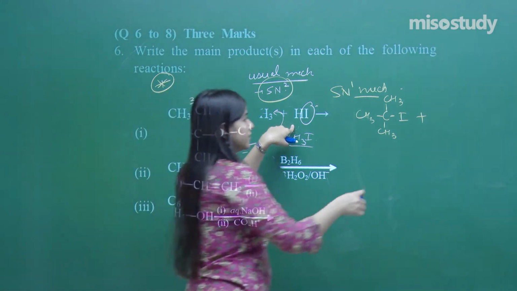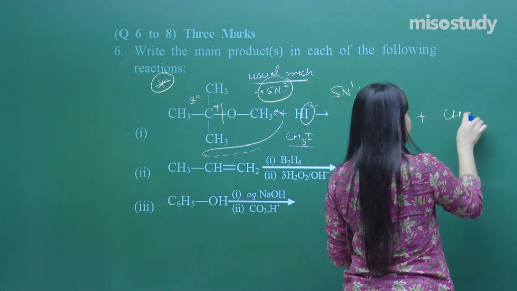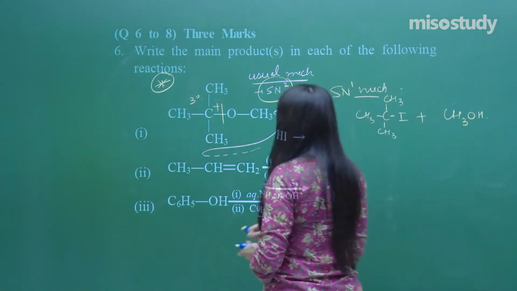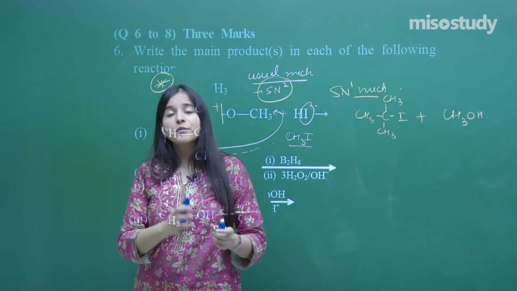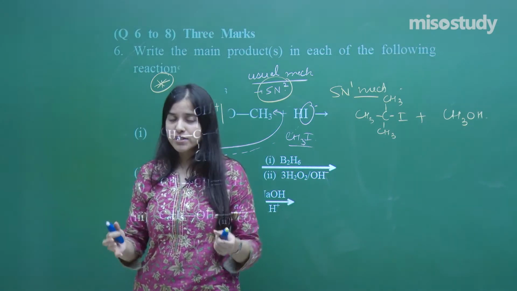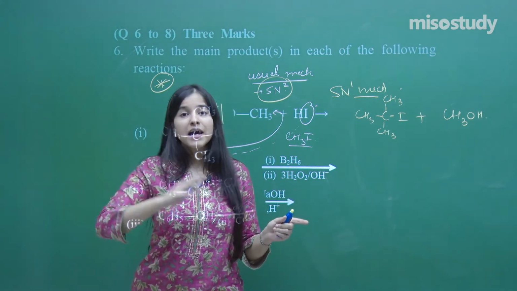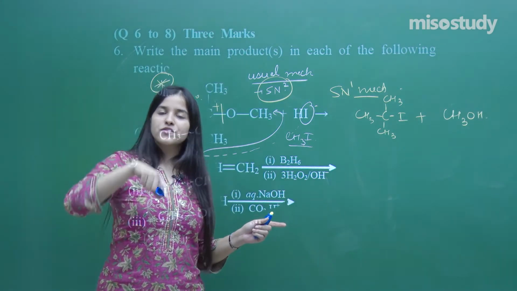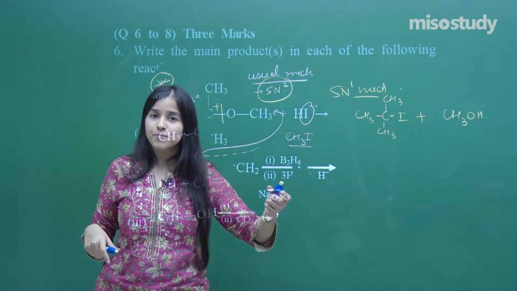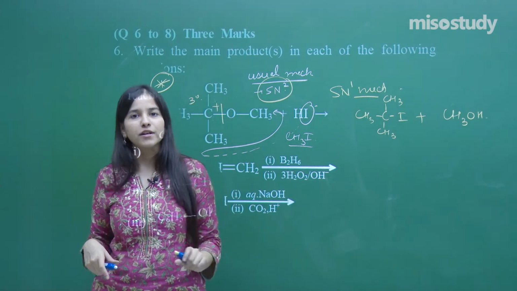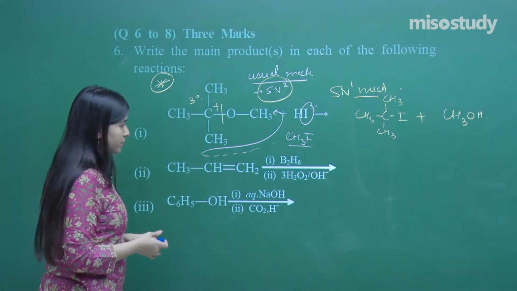Fine? Clear? So always try to judge whether the formation of a carbocation will be favorable or not, then it follows SN1, otherwise SN2. So always try to attack the I negative from the less bulky side, and get that product. Clear?